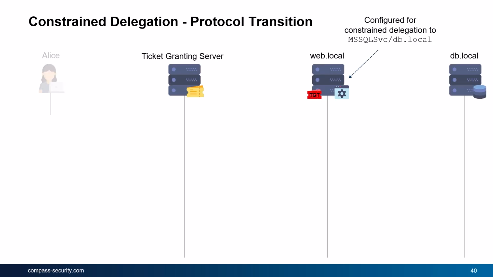Let's now visualize the actual protocol flow when we use constrained delegation with protocol transition. So for the starting situation, we have again our ticket granting server. We have a system that is configured for constrained delegation with protocol transition, web.local, and in the backend we have db.local, so basically the recipient for the delegation.